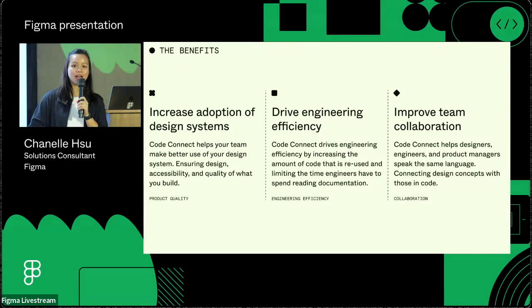And we are looking to achieve these three benefits for you as a team. Firstly, we want to push further to increase your adoption of design system, making that hard work worthwhile by making sure that all your designers and developers are aligned on the same page. Through this process, what we want to drive is to enhance your engineering efficiency.